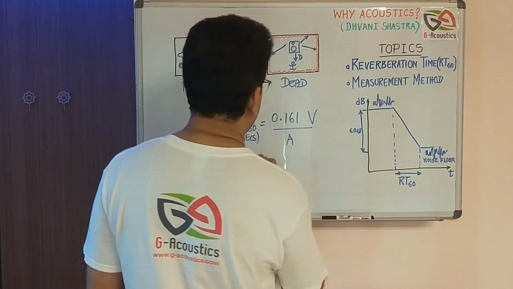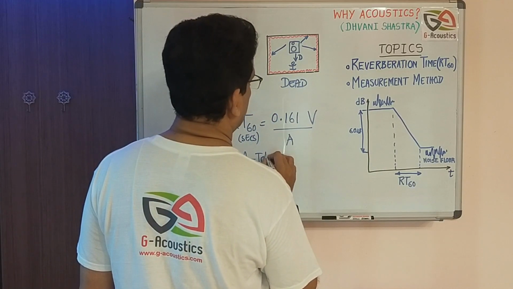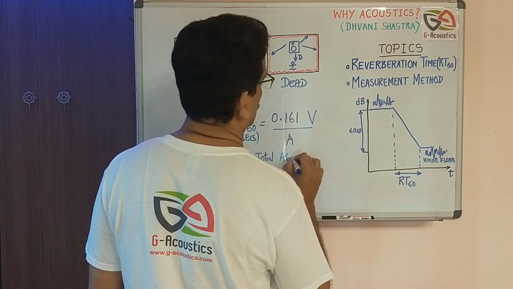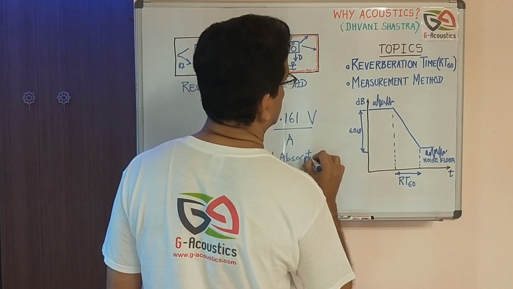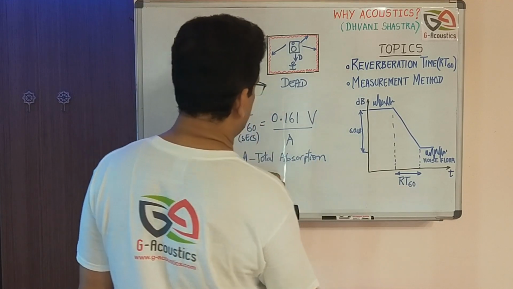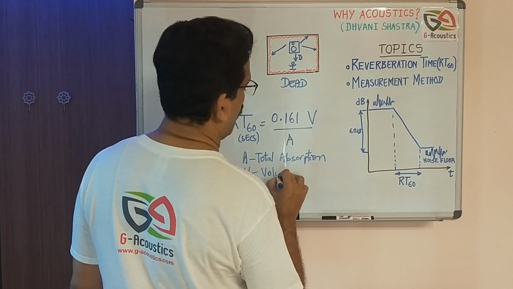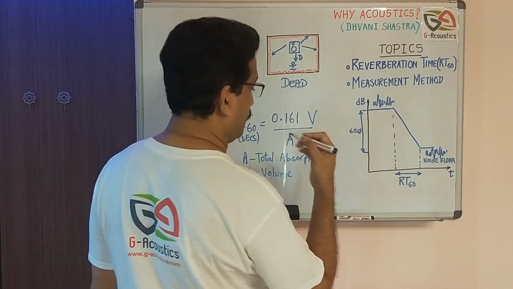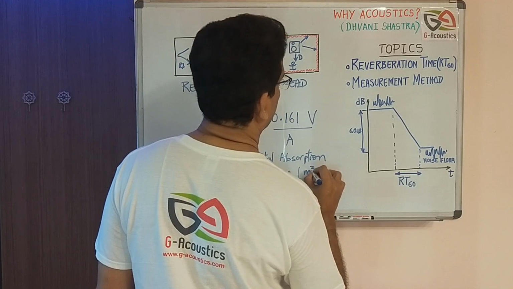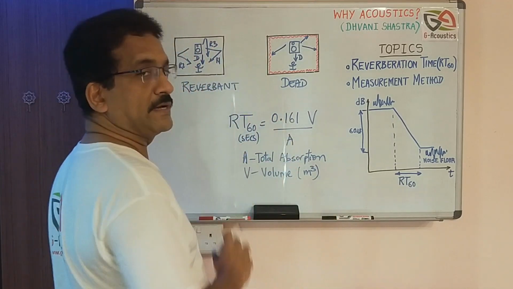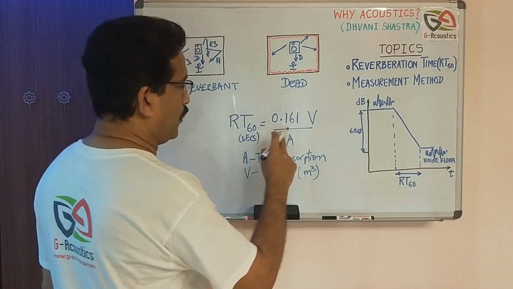A is the total absorption inside the room, and V is the volume of the room in cubic meters.